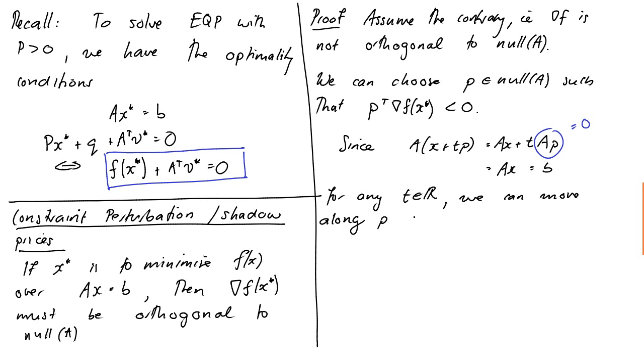Along p from x star, lowering f, which implies x star is not a minimizer. Because we can maintain feasibility and move away from it, that gives us our contradiction.